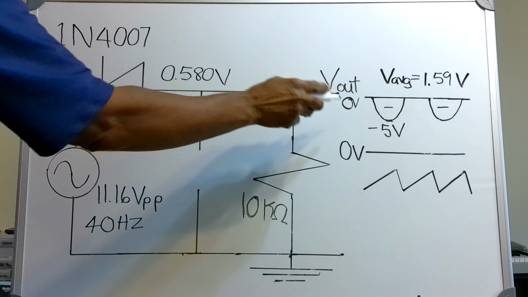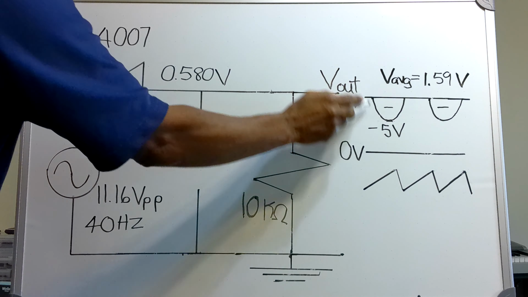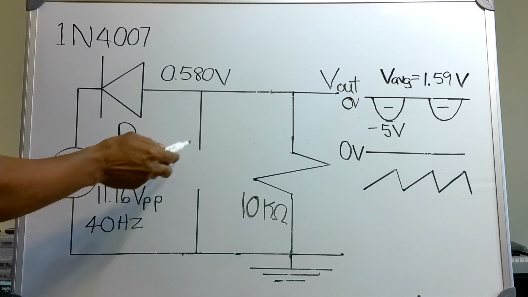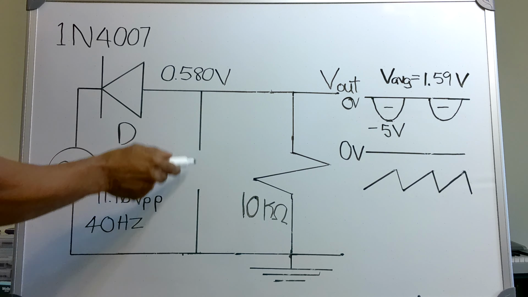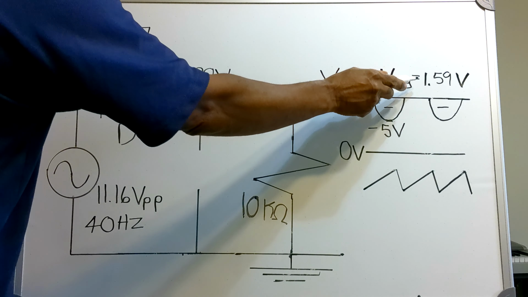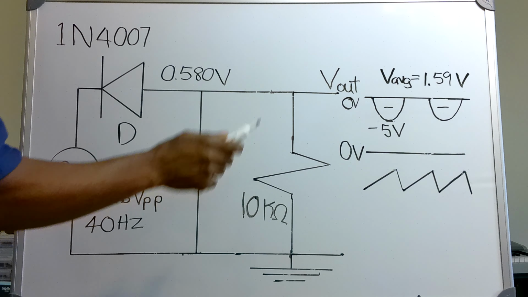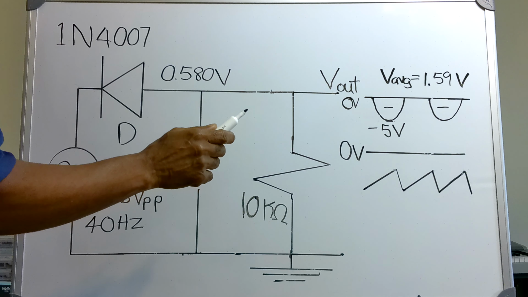The reason why the output voltage will be this form is because I've got this open circuit right here. Now, the average voltage is 1.59 volts, but that's not what I really want.